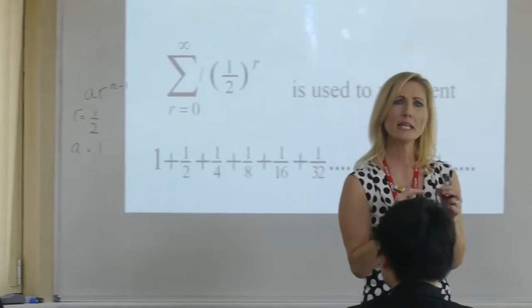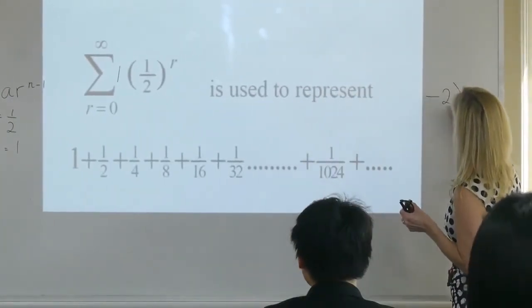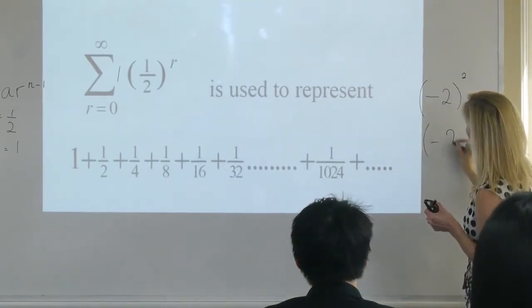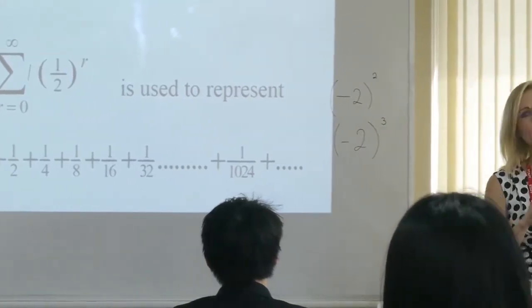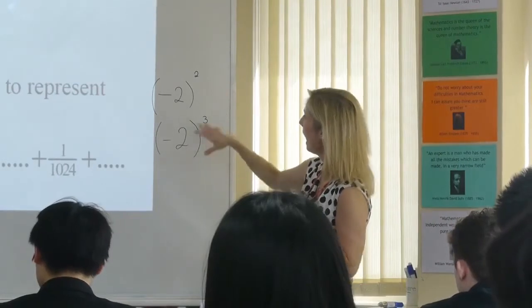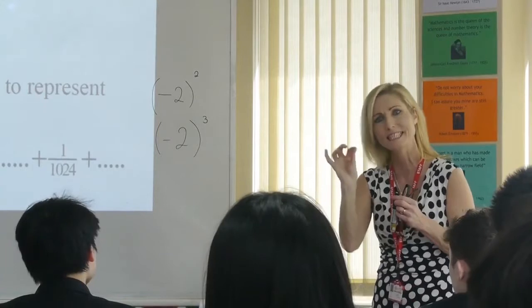Janning? When do we get a positive number? If we've got minus 2 and we perhaps square it, and then if we've got minus 2 and we cube it, what's the difference in the two outcomes? I'm not so bothered about the numerical outcome, I'm after the sign.